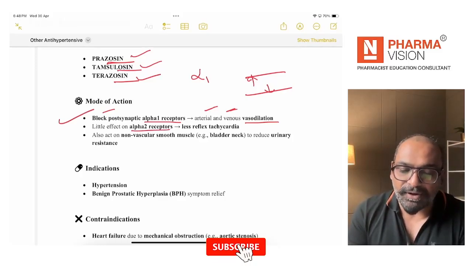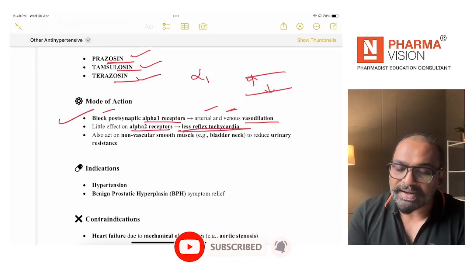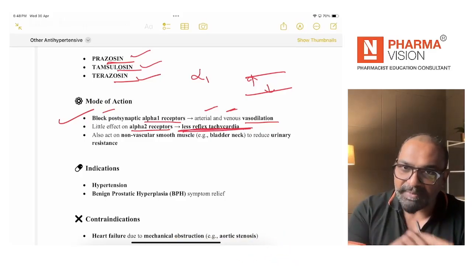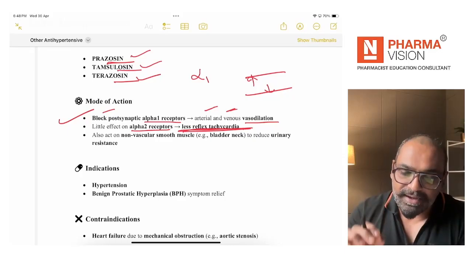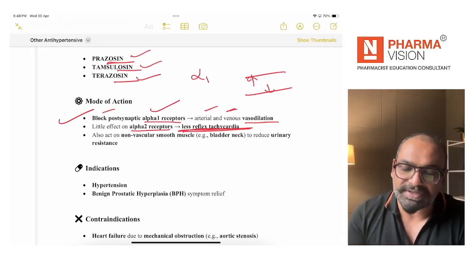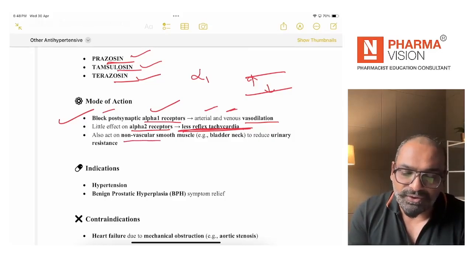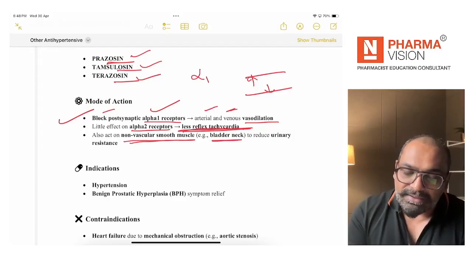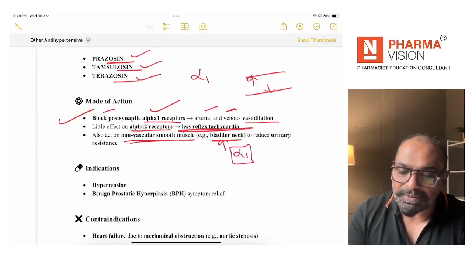There is little effect on the alpha 2 receptor, and that's why it causes less reflex tachycardia. Tachycardia is the main problem with the non-selective ones. Here, the selective ones have more specificity towards the alpha 1 receptor, and also non-vascular smooth muscles like the bladder neck.